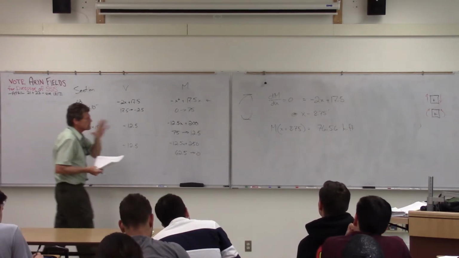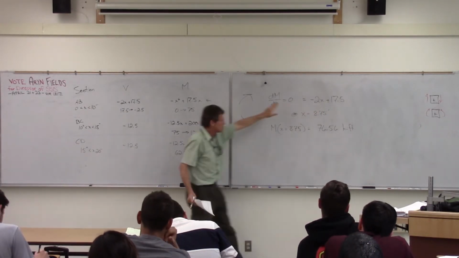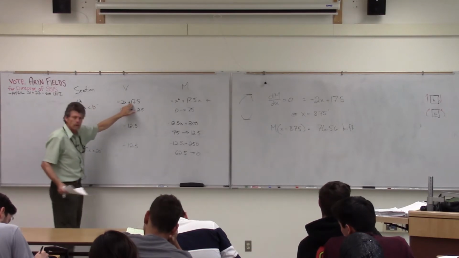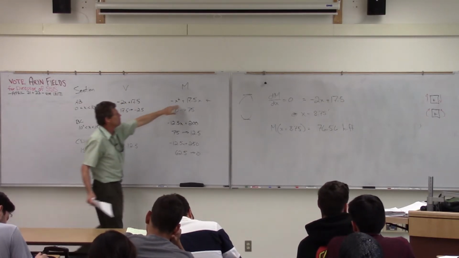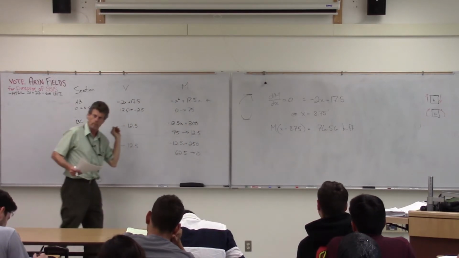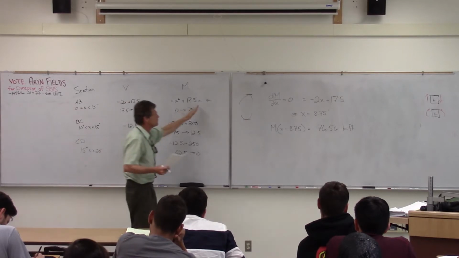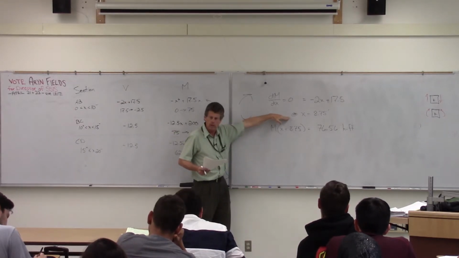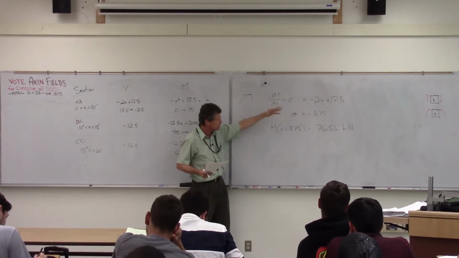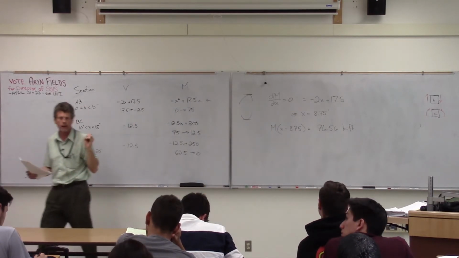Now, a couple things it tells me. When we go back to this equation, what that's telling me is that when the shear goes to 0, my moment either maxes out or it mins out. It changes slope. So in terms of finding the maximum moment, I always need to check on this portion to see whether that saddle or that min or max falls within this range. It happens in this case to fall in that range.